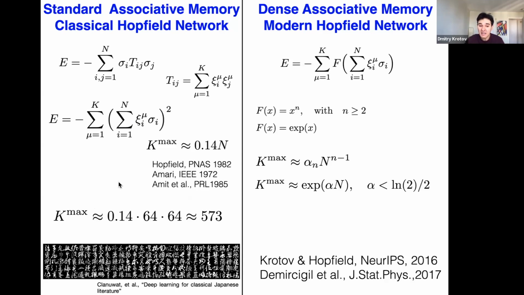So if we believe that this bound is correct, and that's the largest amount of information that this classical Hopfield network can work with, then we would immediately need to conclude that the maximum number of memories that this network can store is, roughly speaking, 0.14 multiplied by 64 squared, which is about 600 memories.